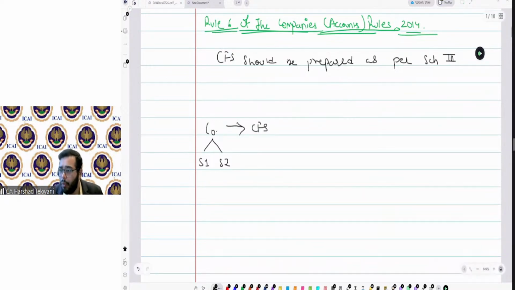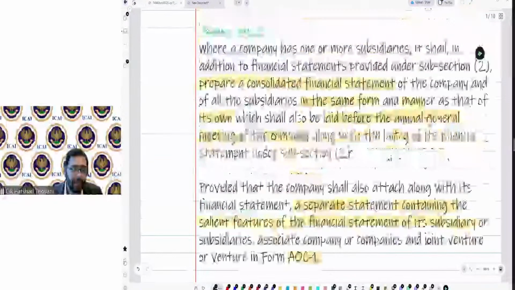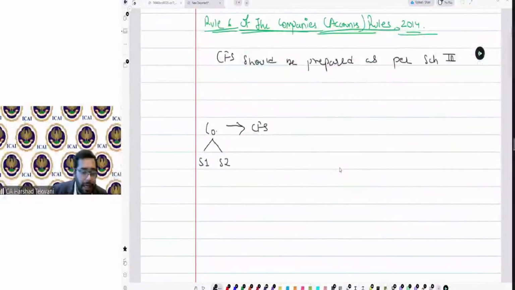But what if the company is not required to prepare the CFS? So the company is covered by section 129(3), it has subsidiaries, but it is not required to prepare CFS.